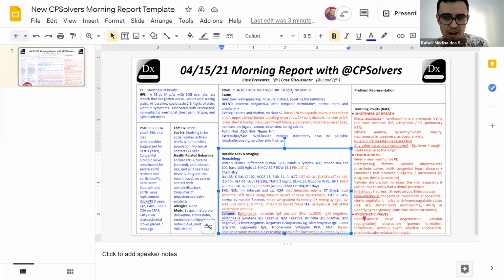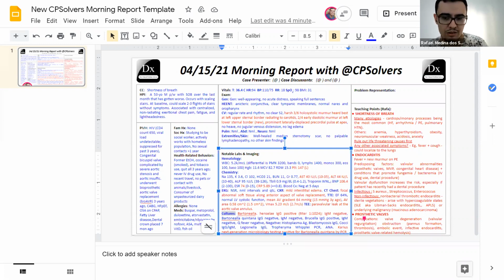Infections include Staph aureus, Streptococcus, Enterococcus, and also many other bugs. And non-infections, we call that non-bacterial thrombotic endocarditis. It's sterile vegetations and arise with hypercoagulable states. For example, SLE, aka Libman-Sacks endocarditis, but also APLS, or underlying malignancy, especially mucinous adenocarcinoma.